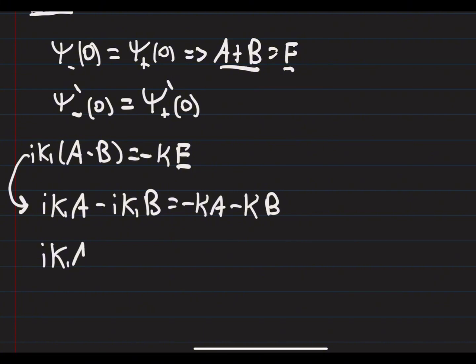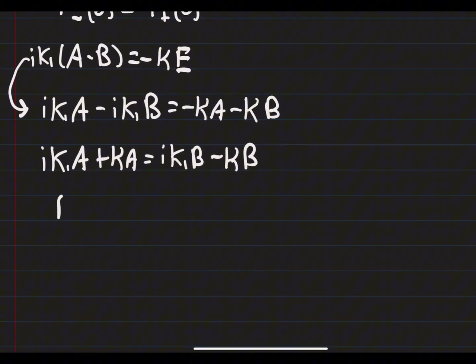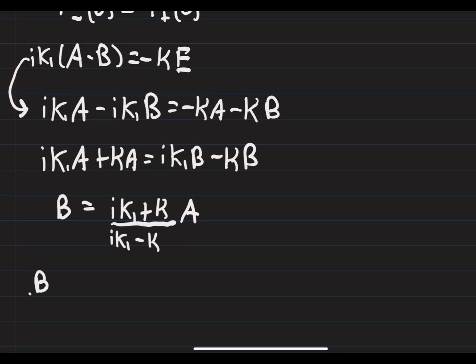So ik1a plus kappa a equals ik1b minus kappa b. Okay, so we can see that b is equal to ik1 plus kappa all over ik1 minus kappa times a. So then we can find that b over a is just this term right here. Okay?